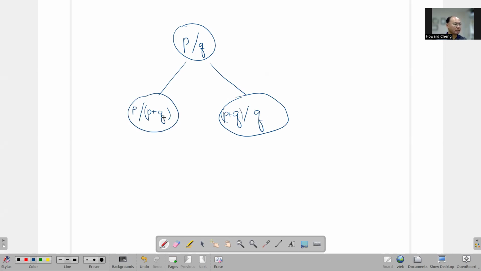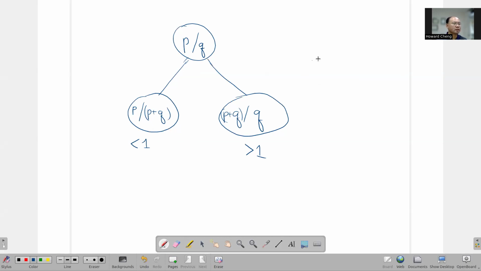Now, if you think about it, P is always less than P plus Q, so this is always less than 1. And for P plus Q over Q, P plus Q is always bigger than Q, so the numerator is always bigger than the denominator, so this is always bigger than 1. So whatever number they give you, if the numerator is less than the denominator, you know that you're a left child of somebody.